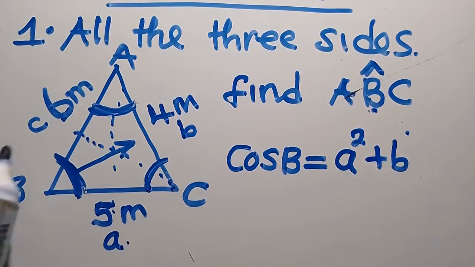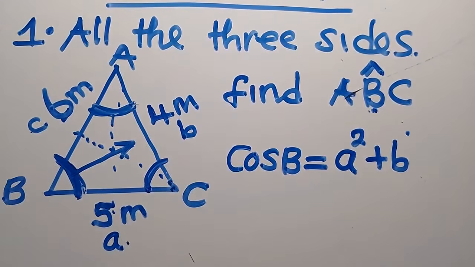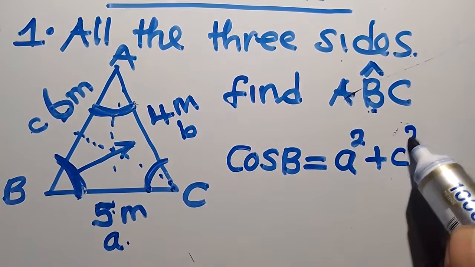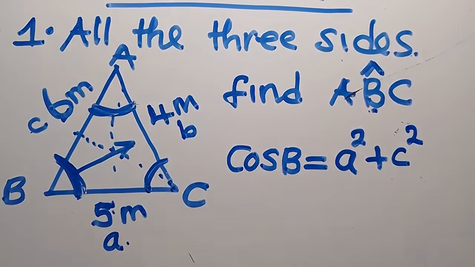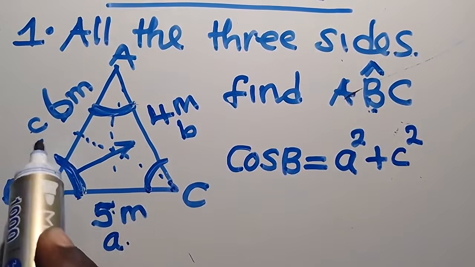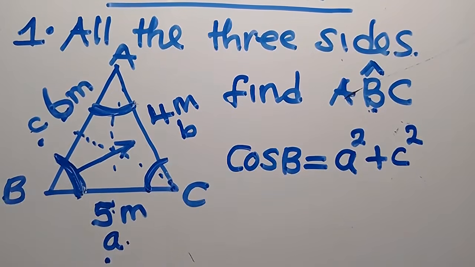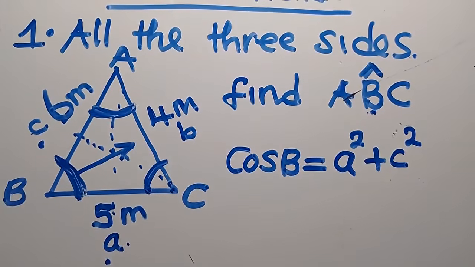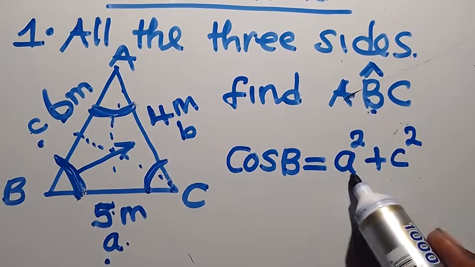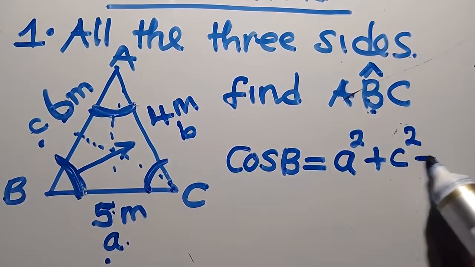So there is C and A. These are the two sides that are putting that angle in the middle. So we've got C squared. So the two sides that are putting angle B in the middle, it is this one C and this one A. This is what you are going to follow. So A and C. Then you say minus.